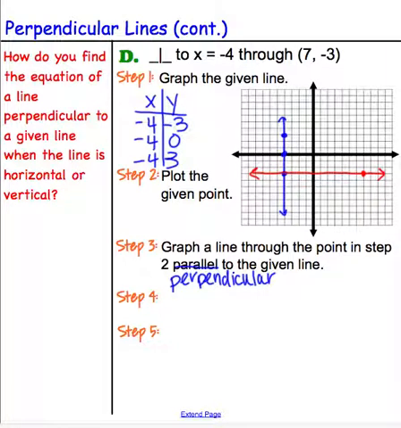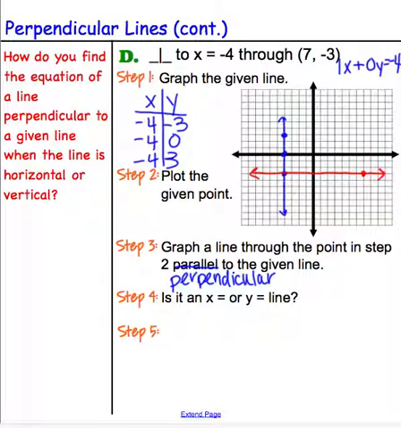Step 4 will be, is it an x equals or y equals line? Well, before this would be like saying x equals 1x plus 0y equals -4, which if you solve for y, you would get a slope that is undefined. So now we have something that's opposite.